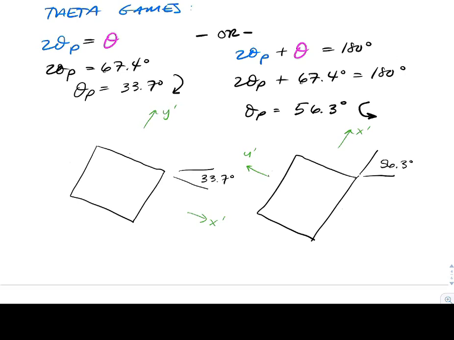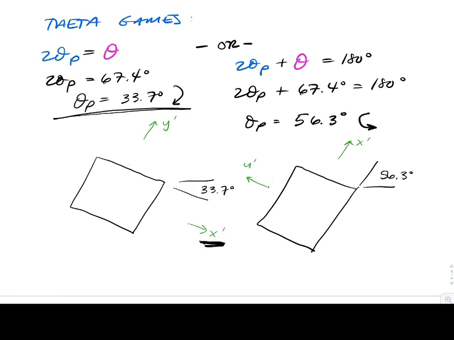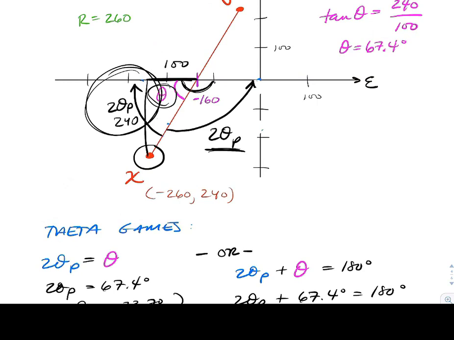So let's take a closer look at the first one. When we rotate 33.7 degrees, now the x prime axis is down 33.7 degrees. Go back up to Mohr's circle. The x point is now sitting here. So on the x prime face would be epsilon minimum.